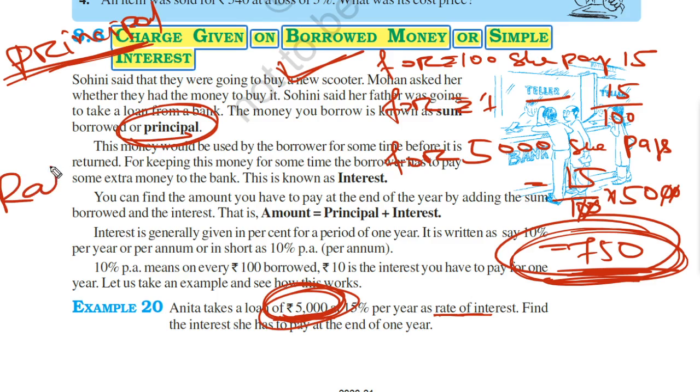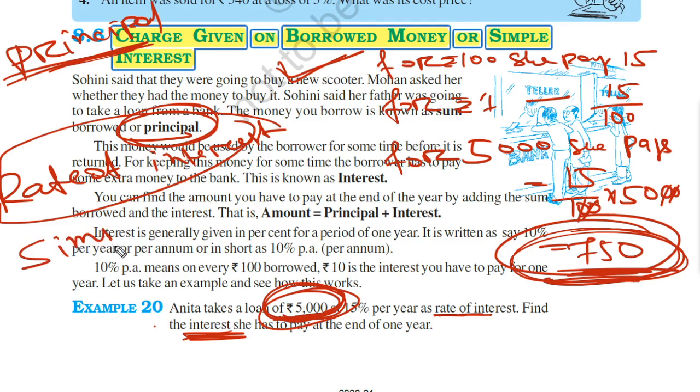Rate of interest. Another thing, the interest we found, in other words, is called simple interest. So some terms are here. One is principal.